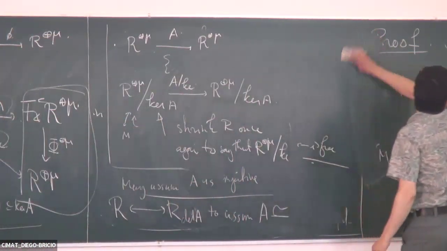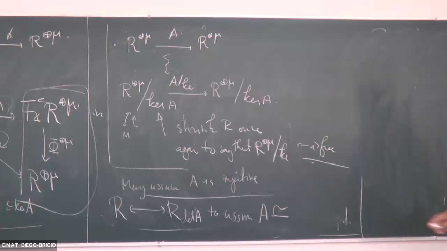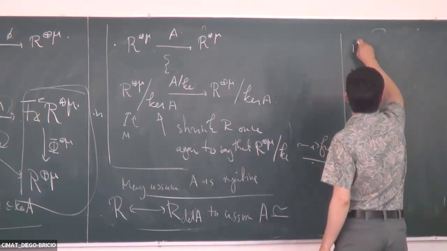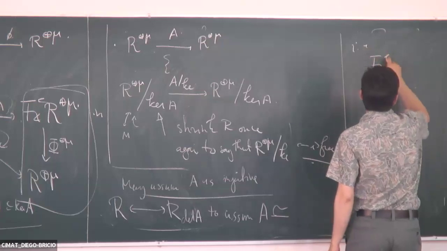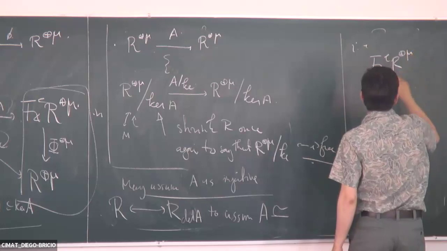May I assume, okay, let me put it in this way. I.e., the Cartier module I started with was something like this.